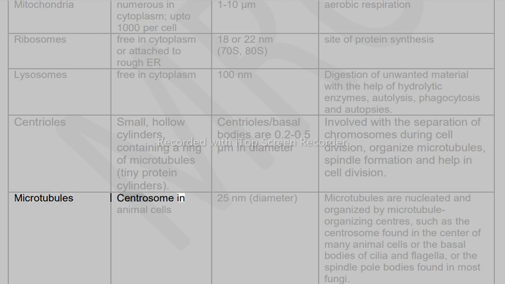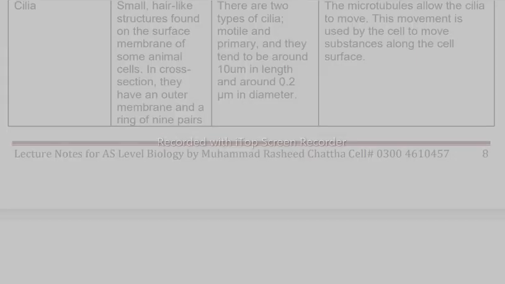Microtubules, centrosome in animal cells, 25 nanometers diameter. Microtubules are nucleated and organized by microtubule organizing centers, such as the centrosome found in the center of many animal cells, or the basal bodies of cilia and flagella, or the spindle pole bodies found in most fungi. Cilia are small, hair-like structures found on the surface membrane of some animal cells.